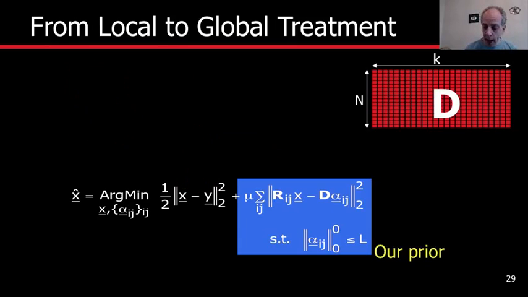And what we have is, as we discussed before, the model is for the individual patches. We're going to construct a dictionary that works, for example, on all the overlapping patches of a given image at the same time.